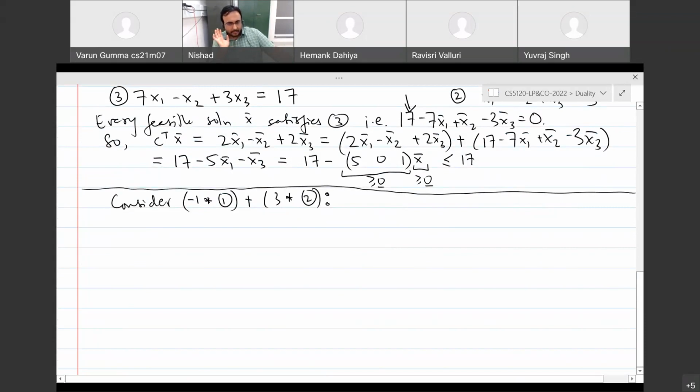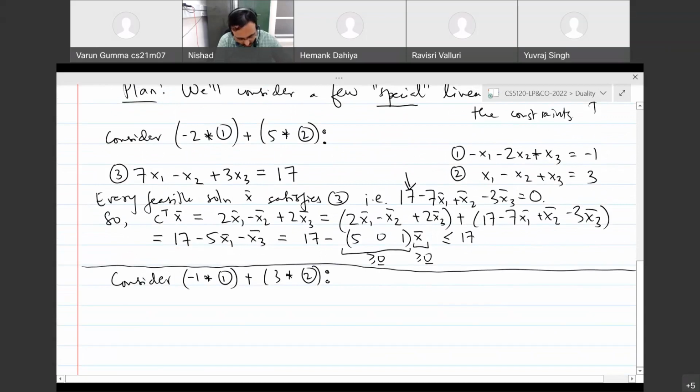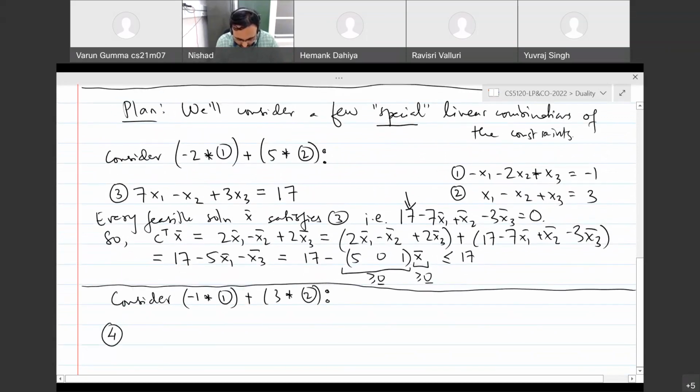So let's look at this combination. What do we get? We get a new constraint. Let's call it number 4. And what is it going to be? -1 times the first plus 3 times the second. So it's going to be x1 plus 3x1 is 4x1, 2x2 minus 3x2 is minus x2, and minus x3 plus 3x3 is 2x3.